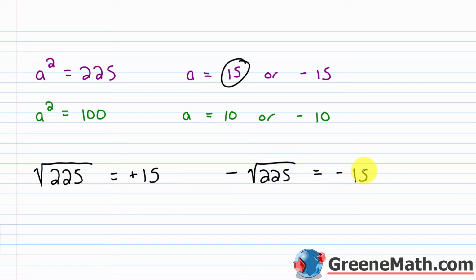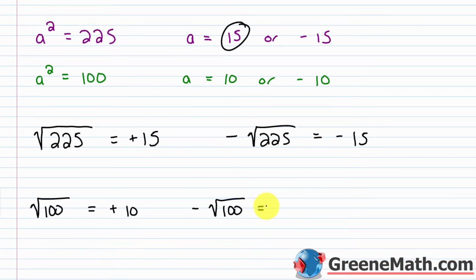Okay. Same thing would go for this example here. If I want the square root of 100, this is the positive or principal square root of 100, so that's positive 10. And then the negative square root of 100, put a negative sign out in front, would be negative 10. Okay, so those are two different ways to notate that.